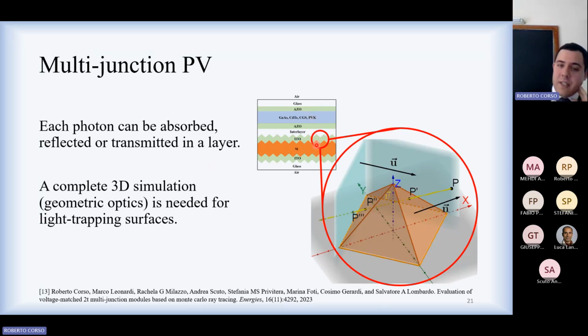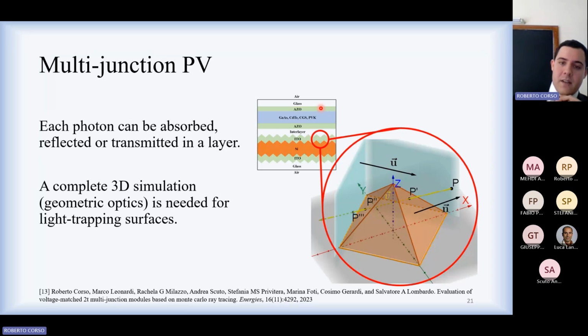A complex part is basically the interface between the interlayer separating the two modules and the surface of the silicon module, because silicon modules in the manufacturing process are usually etched by chemical etching in order to reveal the 1-1-1 planes, obtaining this pyramidal texturing of the surface, which provides light trapping, increasing the photons that are absorbed in the system and decreasing the fraction of photons that is reflected by the surface.